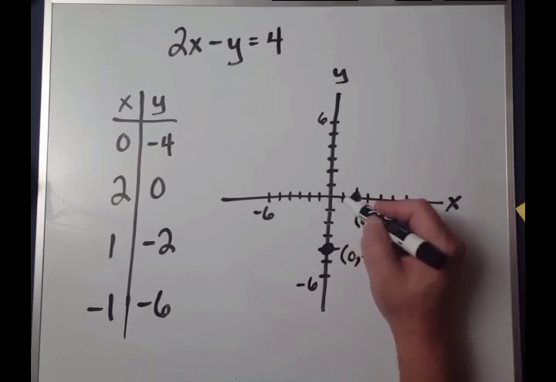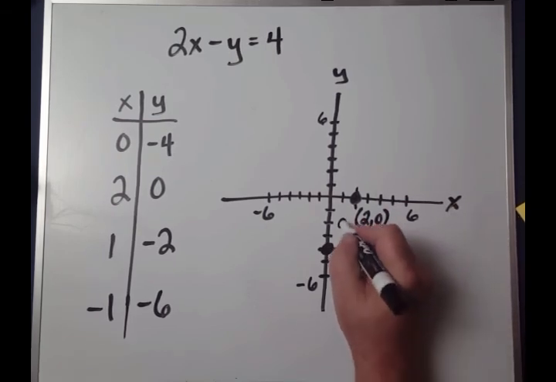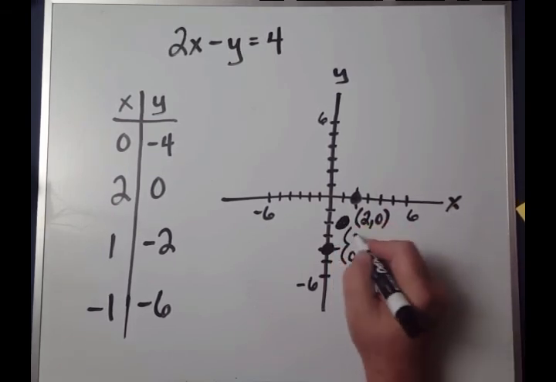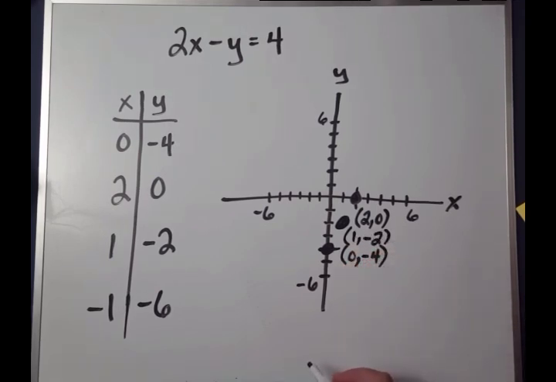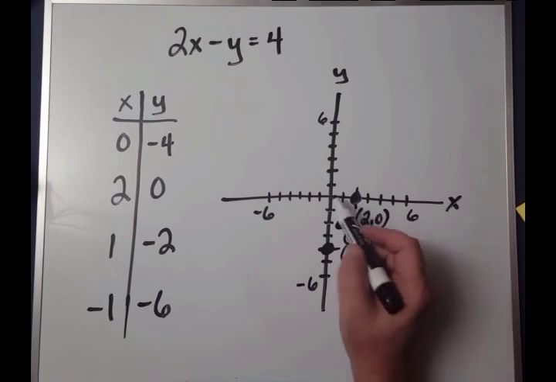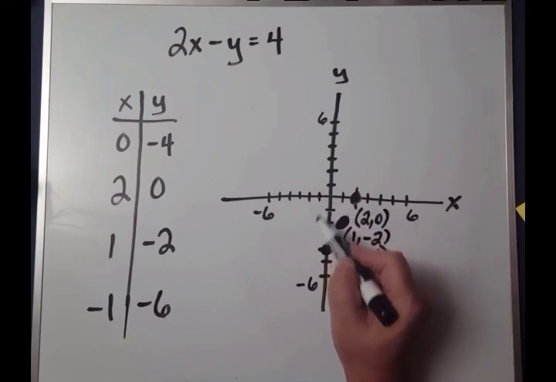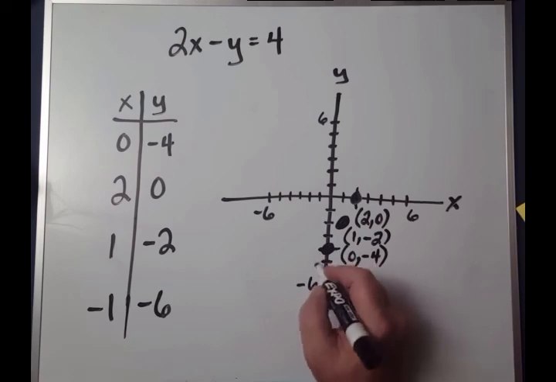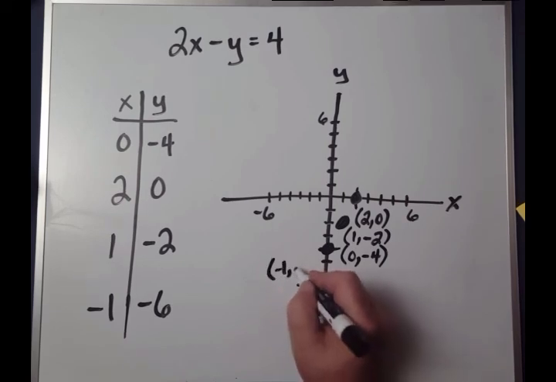Over in the positive direction 1 on my x-axis and down 2 units, down to negative 2 on my y-axis. And it's getting a little crowded for my labels now, but we'll make do. And then finally the point (-1, -6). So in the x direction, back up to negative 1. In the y direction, come down here into quadrant III, down to negative 6. Label that point.